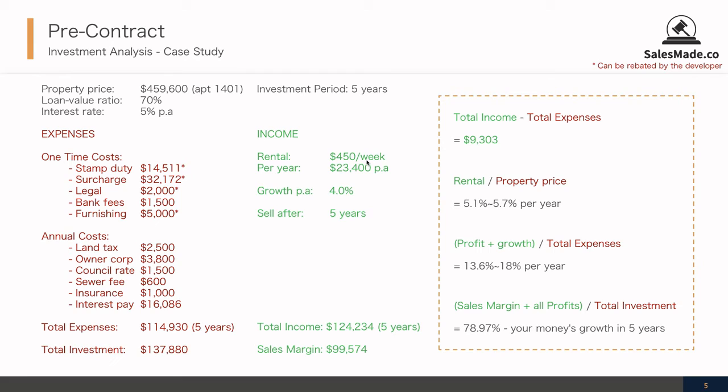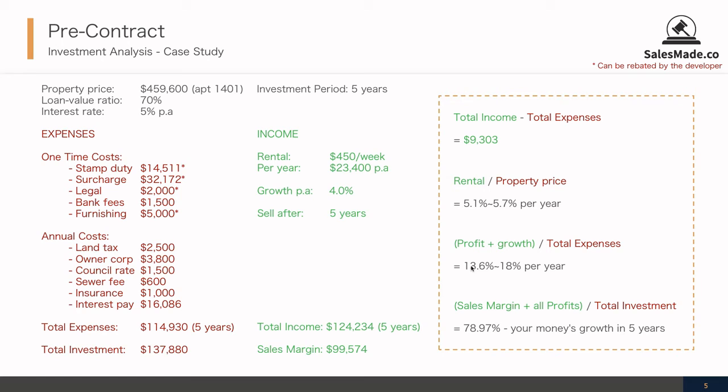So if you apply that 3% rental yield growth every year, you would get a higher percentage in the fifth year. And if you add the profits, that's the cash flow, plus the growth per year, and divide it by the total expense, that's your return on your investment.